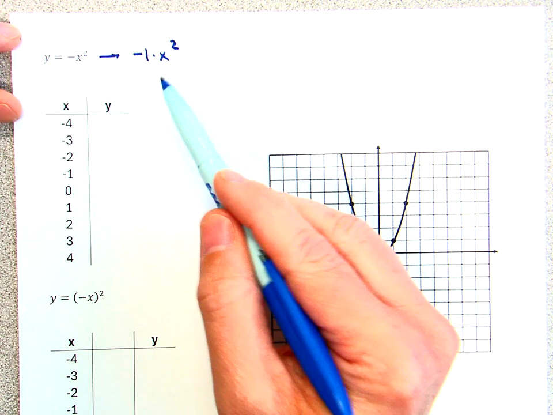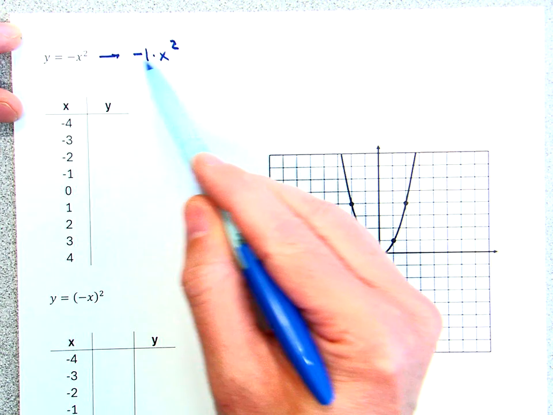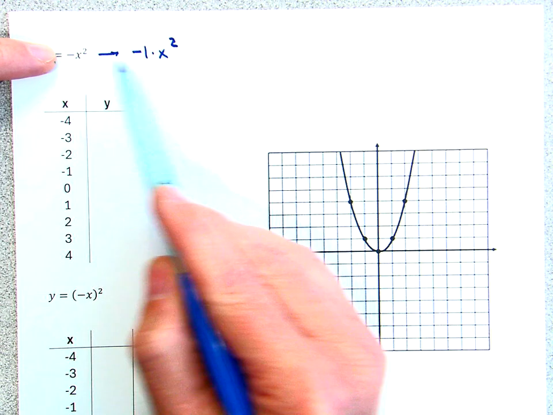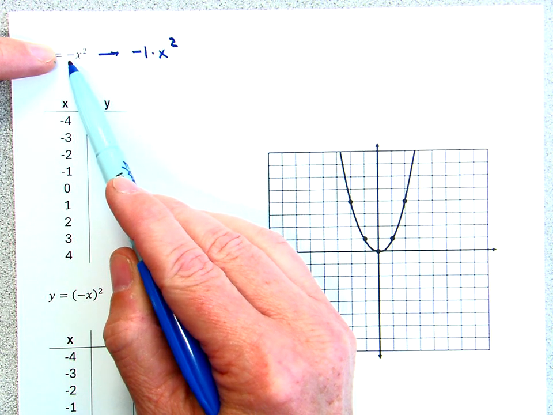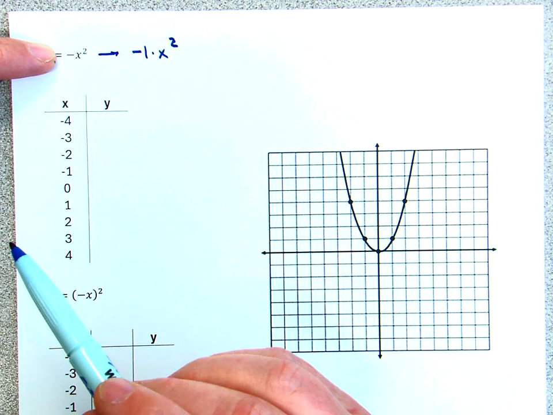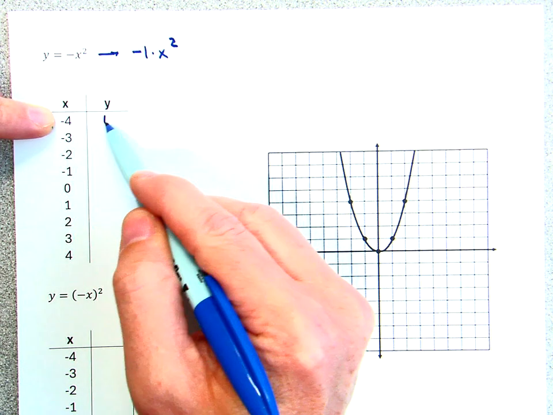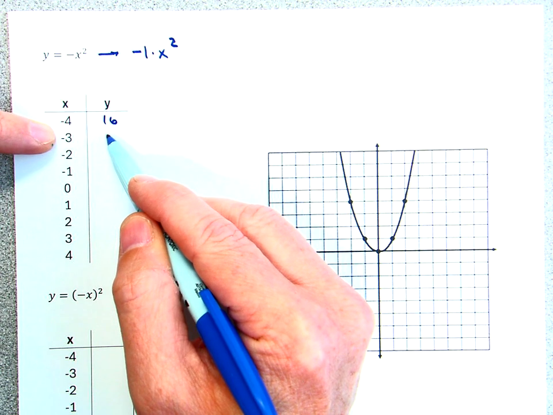So in terms of order of operations, we would square the x first, then do multiplication, right? So we don't need to write the 1 here, but we know that this is going to be a multiplicative value versus the exponent. So in terms of order of operations, we are going to, again, square each of these values first, if we wanted to think of it that way, right?